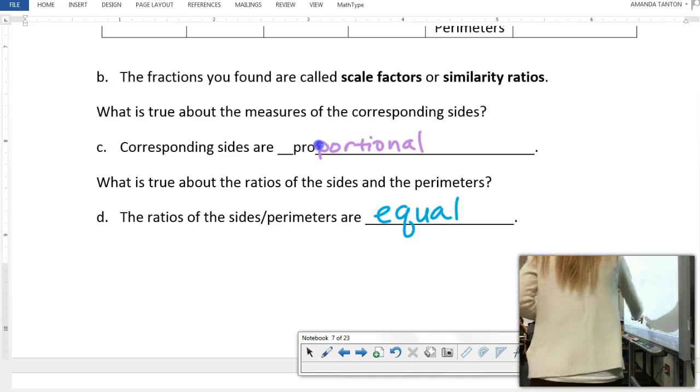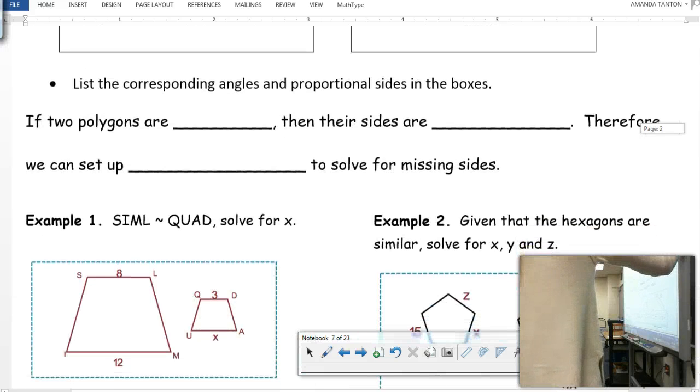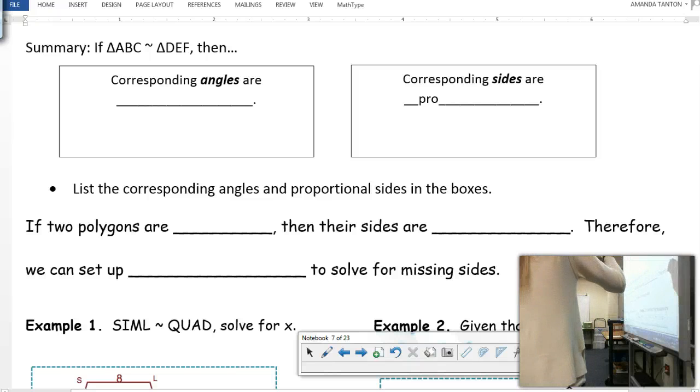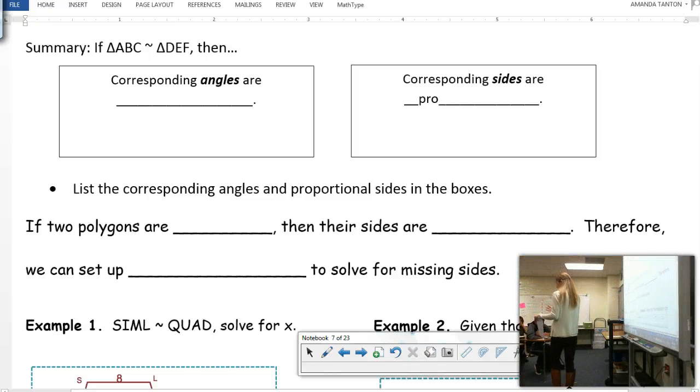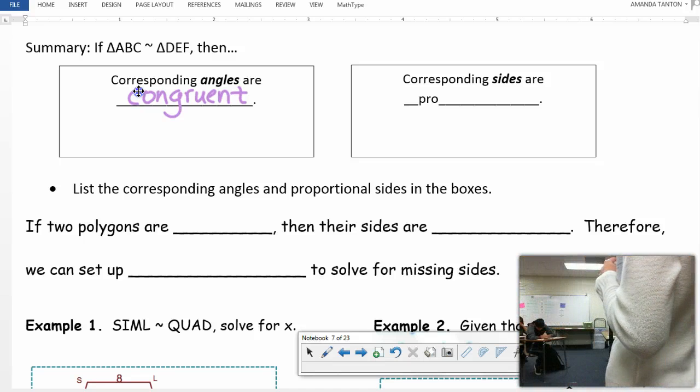Okay, let's go to the next page. Let's fill in the big ideas of today. Summary. The big ideas. I put them in boxes. What I want you to take away from today is that if the triangles are similar, the angles are congruent, and the sides are proportional.